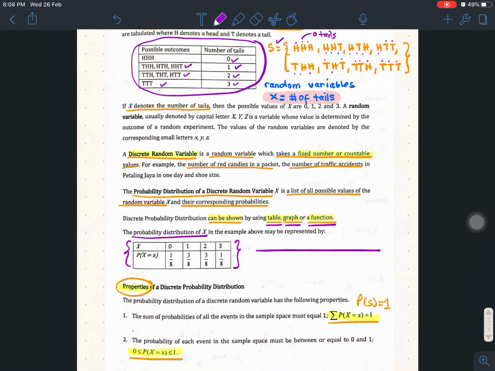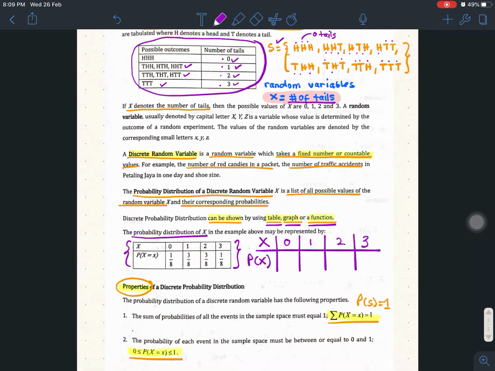You have X, and you must have your probability of X. X just now is the number of tails. What are the possible values of the number of tails? You might get 0, 1, 2, 3. Write it down: 0, 1, 2, and 3.